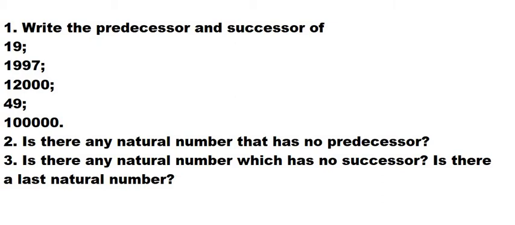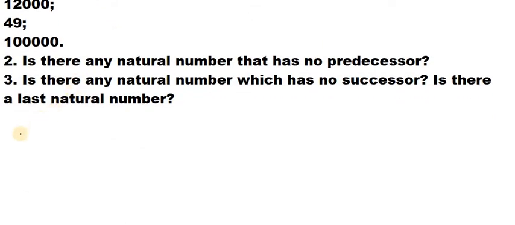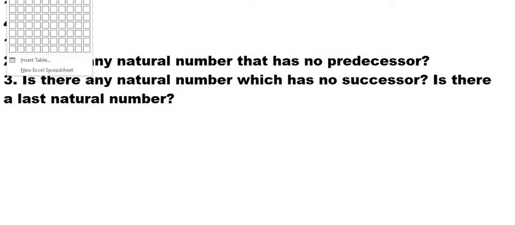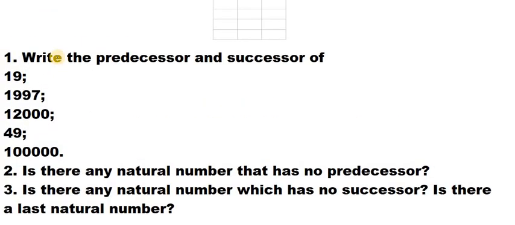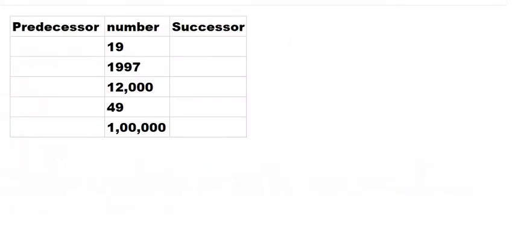So what is the first question he is asking? Write the predecessor and successor of the following. Okay, so first we will solve that, and I'll just solve this down here. Okay, I'll just insert a table over here. Okay, so like this we got, and now we will write the predecessor.